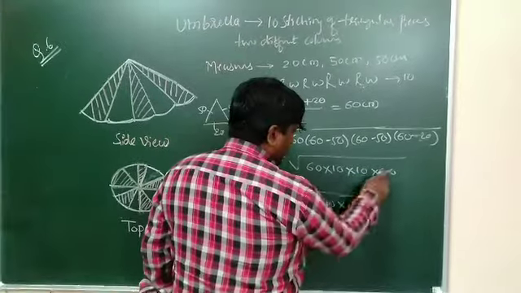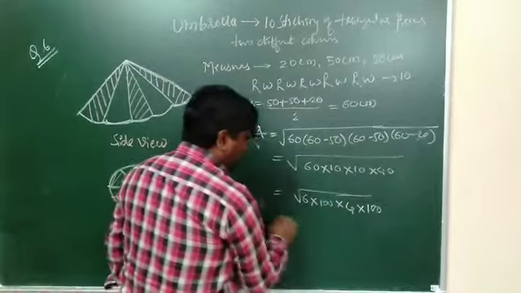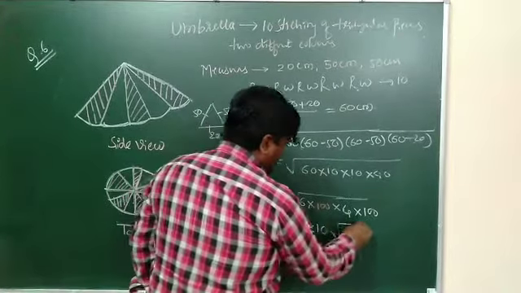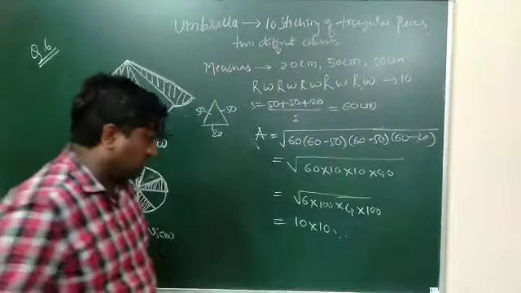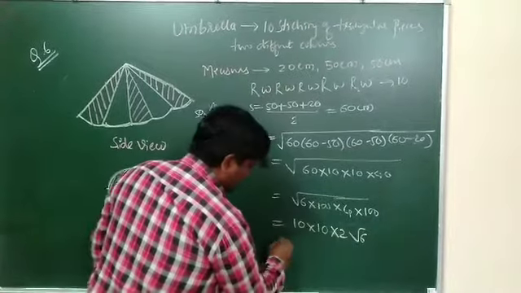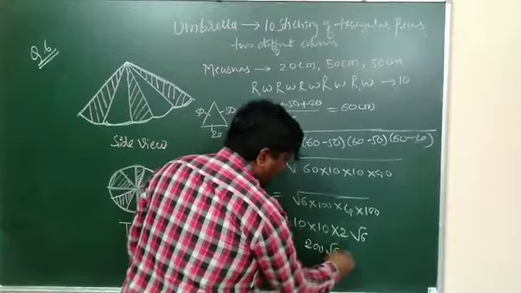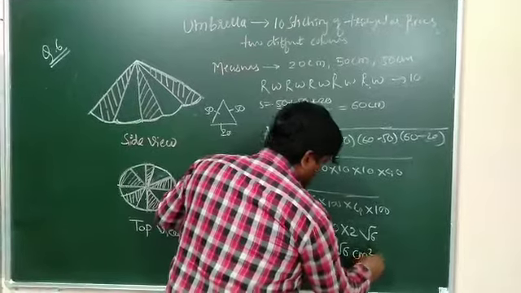So 1 into 4, and this comes around 100. The square root of 100 is 10, and this is 10. The square root of 4 is 2. So this comes to 200 root 6 centimeter square.